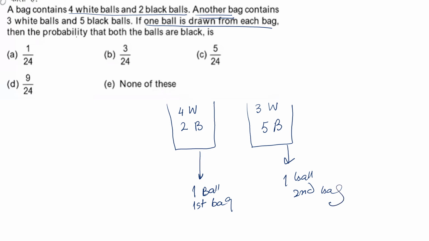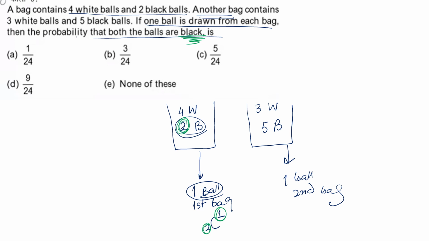Then the probability that both the balls are black. It means what is the probability of getting the black ball from the first bag? It is 2C1, because we have to choose one ball that is black, so out of the 2 black balls, I chose one black ball.